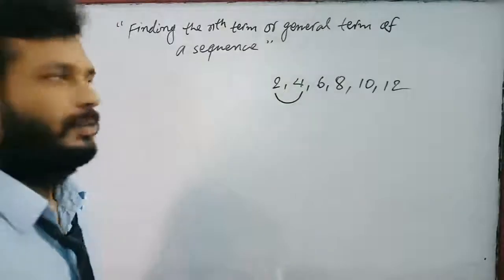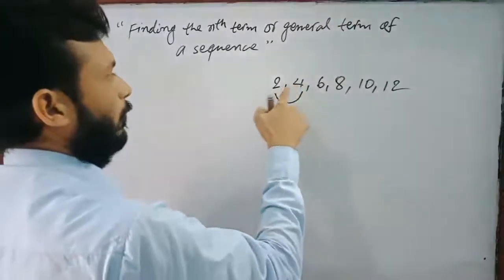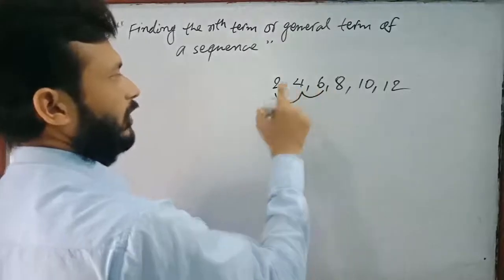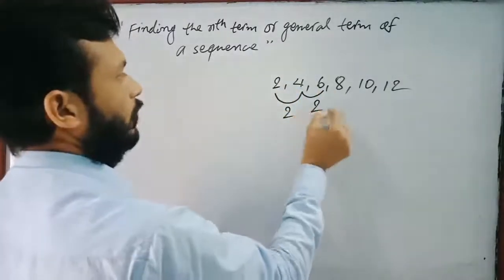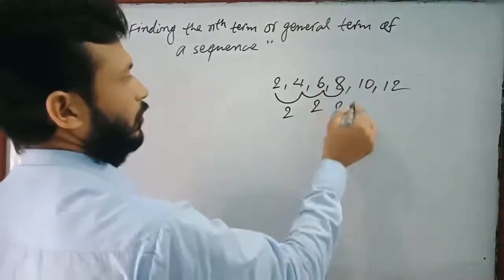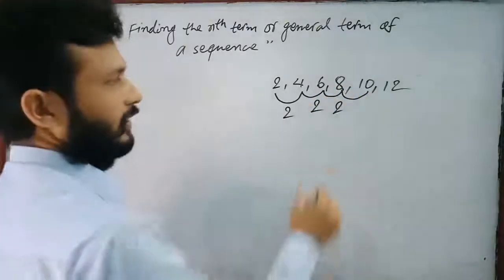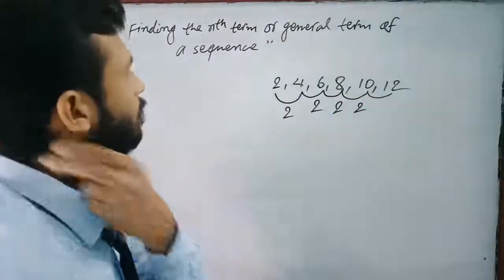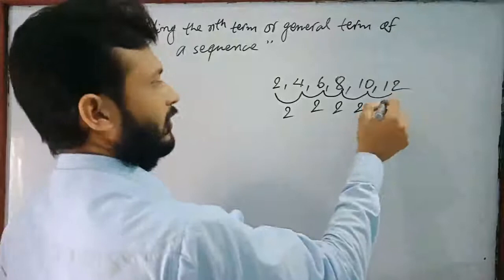What is the difference? 4 minus 2, 2. Then 6 minus 4, also 2. 8 minus 6, 2. 10 minus 8, 2. 12 minus 10, 2.